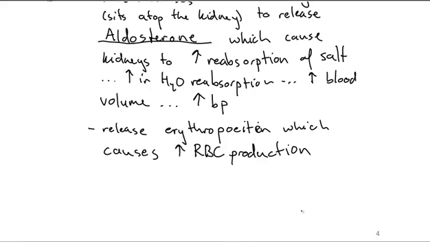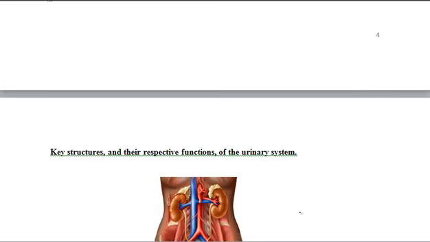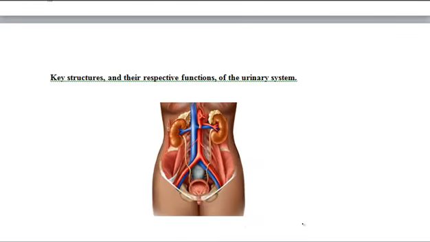So those are sort of the 4 key functions of the urinary system. Excretion through the urine and the bladder being key. We're going to go back and take a little more look at that. So to begin with, let's look at the key structures and their respective functions.